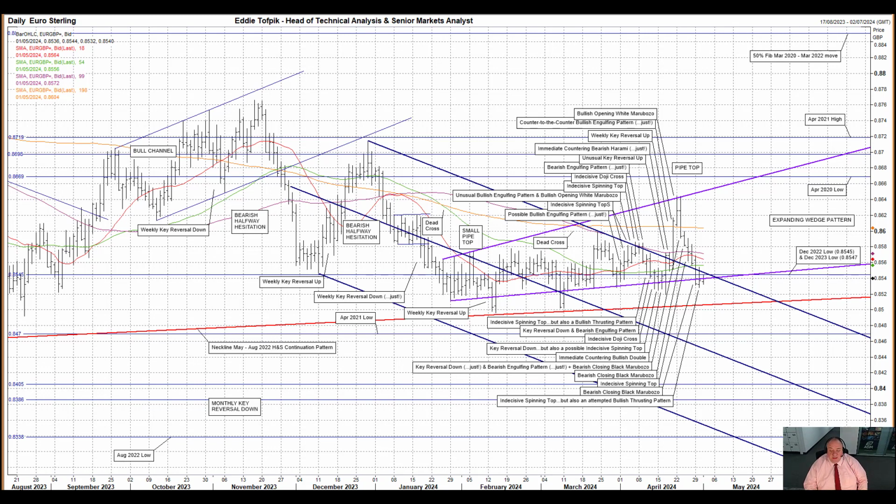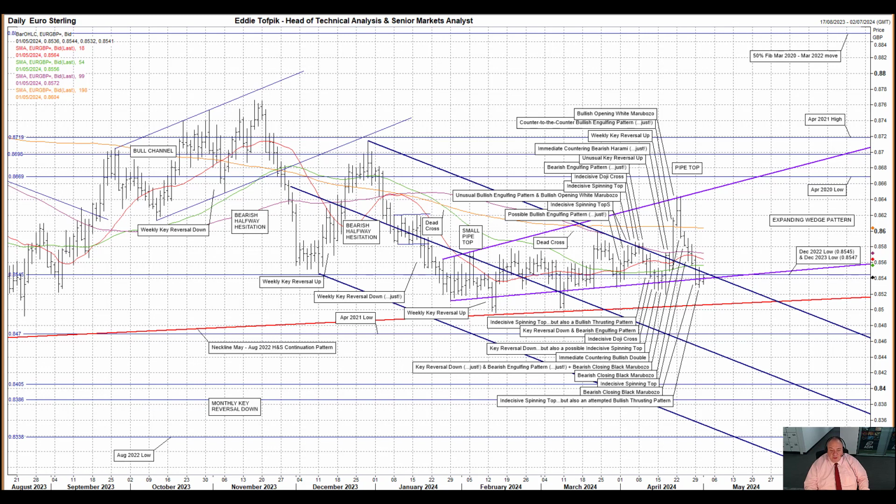The combined December 2022 low at 85.45 and December 2023 low at 85.47. And the lower trend line, currently 85.39, of the purple highlighted late January to date expanding wedge pattern. And that's currently 85.39 up to 86.51. However, the market failed to close over these, ending for a second consecutive time below the purple lower trend line.